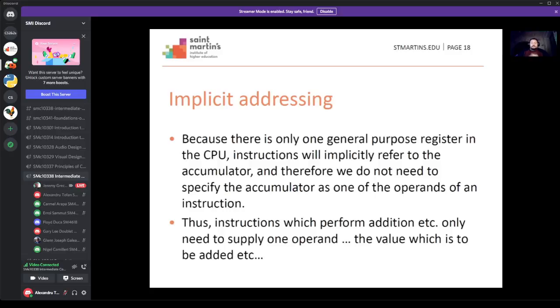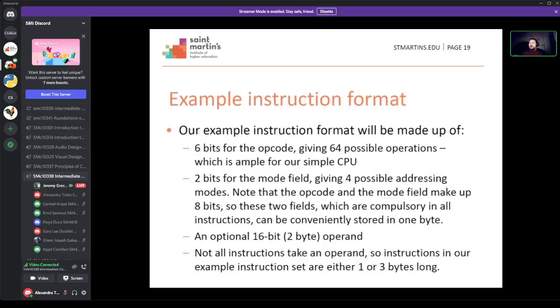As I talked about when we talked about addressing modes, there are different modes that can be used. In our case, our instruction is going to be made up of 6 bits for our opcode, meaning we're going to have 64 different possible operations that our CPU can perform.